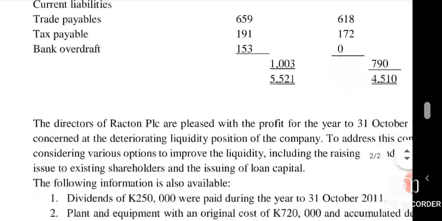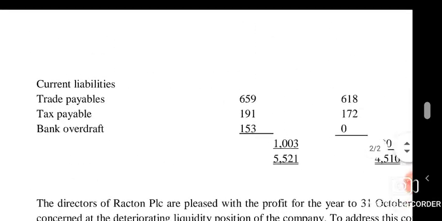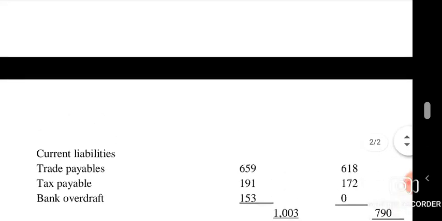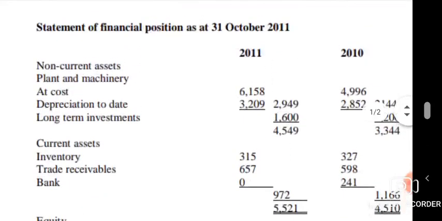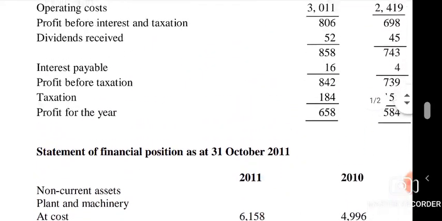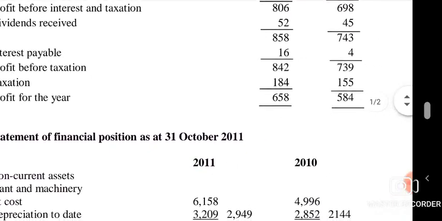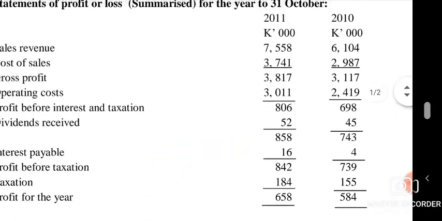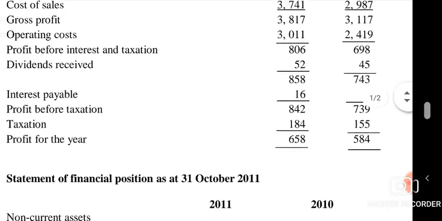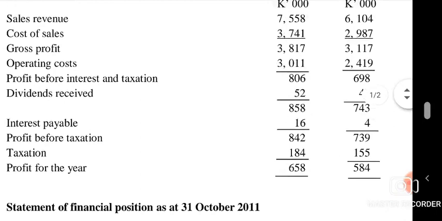What happens is that we just don't pick it exactly, because if you've noticed, just a minute before I pick, this is where the statement of financial position, right? Start with, first of all, looking at the taxation figures as well, even up there in the statement of profit or loss, then I guide you. So the current year's tax as of 2011, right, is 184. Okay, that's what we only pick. The current year's tax. So we want to know, okay, 184.